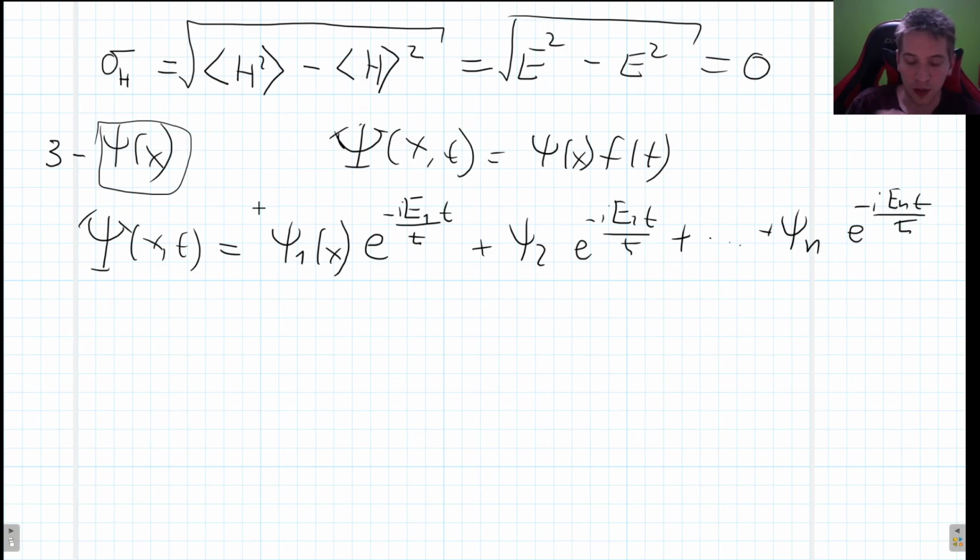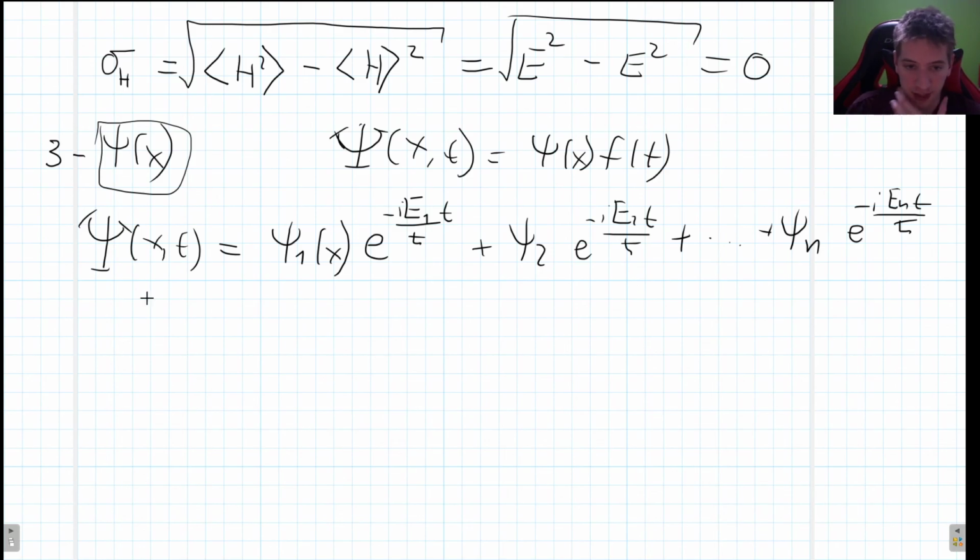So what I want to say at this point is that although these solutions may not be all that useful by themselves, since they are solutions and they are orthogonal to each other, we will also prove eventually later on that they are orthogonal and they are a complete basis.